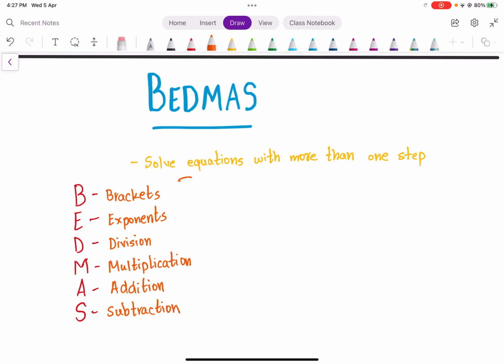Now, each of these words stands for a different step in an equation. So B, the brackets, there are three commonly used brackets. They are this one, and this one.